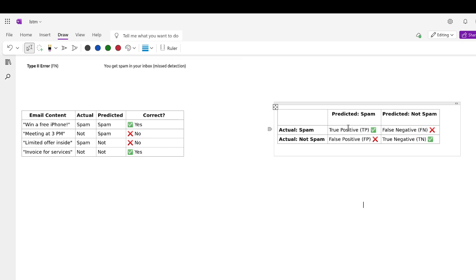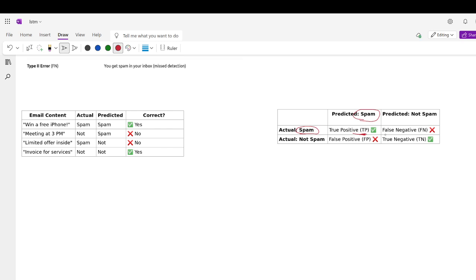Now in those cell values, we can have different options. For example, here it is a true positive, because the message was actually spam and was predicted as spam. So we classify it as a true positive, which is the correct one.